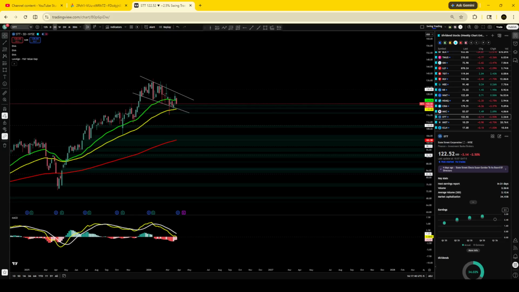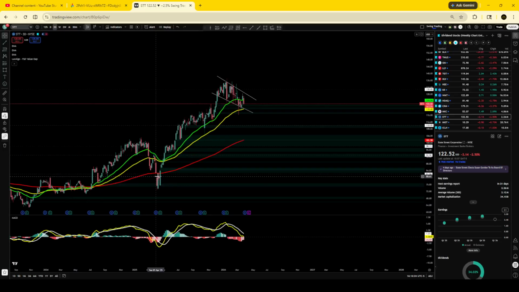Here's a real world scenario. Market in the uptrend. Higher highs, higher lows. Price bounces off key support. Boom. MACD confirms bullish momentum. I guess I can't use that one. This will be a bullish momentum right there. Well, yeah, price bounces off key support.